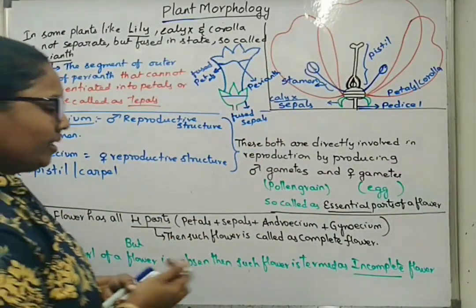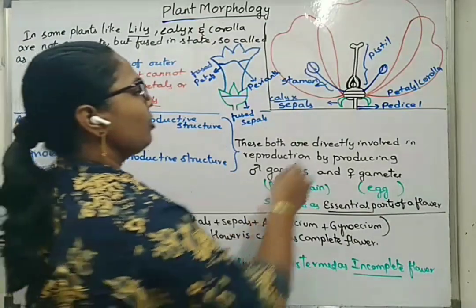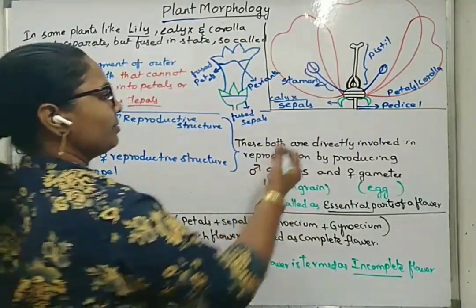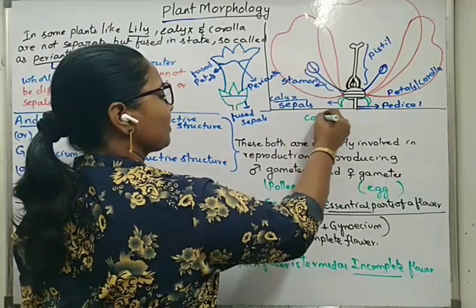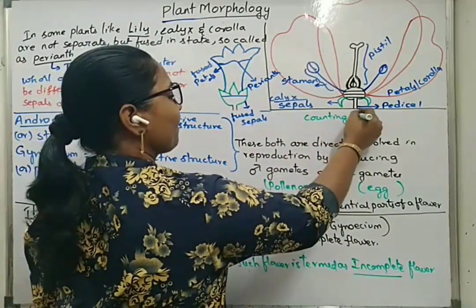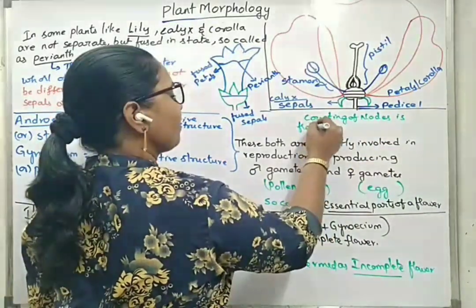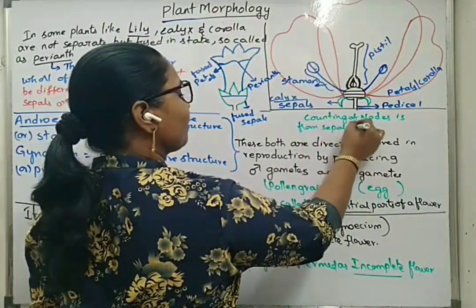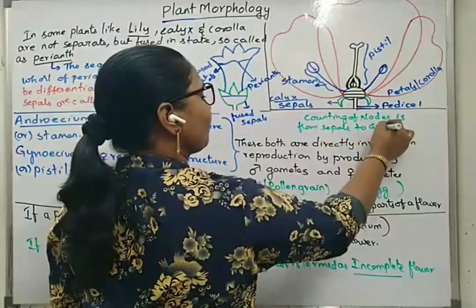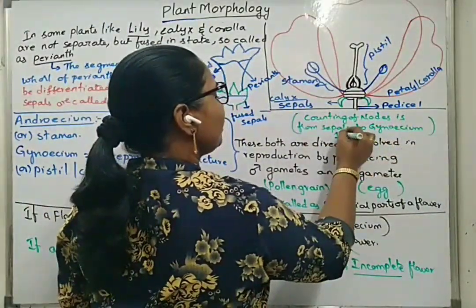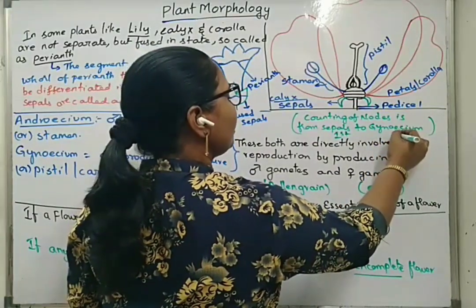It is very important to note that the counting of these nodes starts from sepals to gynoecium. Sepals are under the first node, gynoecium under the fourth node.